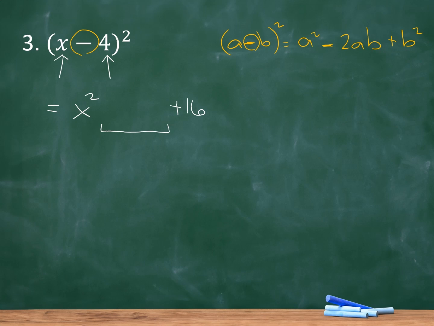We just multiply the first term and the second term, so x times 4 is 4x, and then we double it, or we multiply it by 2. So 4x times 2 is 8x. And then notice this time we have a minus here, so we will also put minus here, and this will be our answer: x squared minus 8x plus 16.